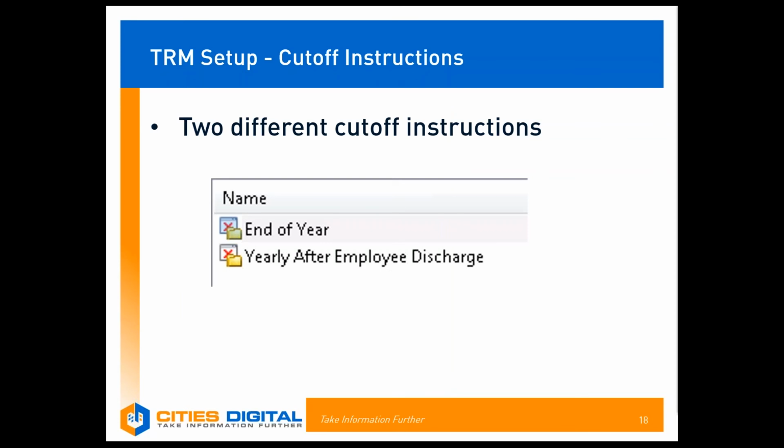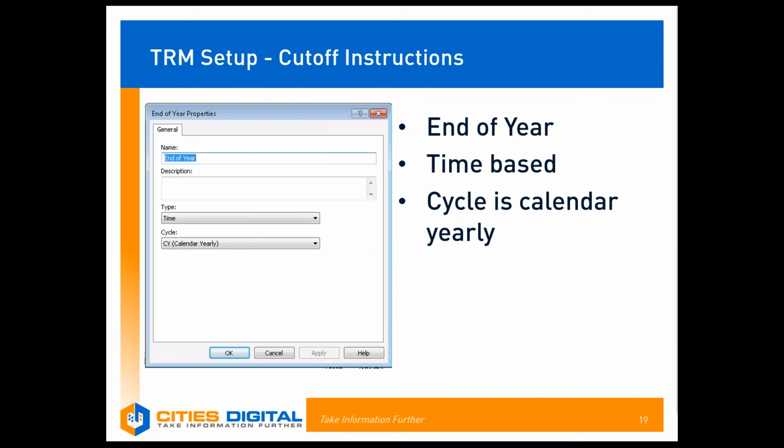So it is yearly once an employee has been discharged. And you'll see the setup to those right here. And so all of this is very easy to set up within the system. That's really one of the things we want to stress, is really how easy it is to get all of this built out here.